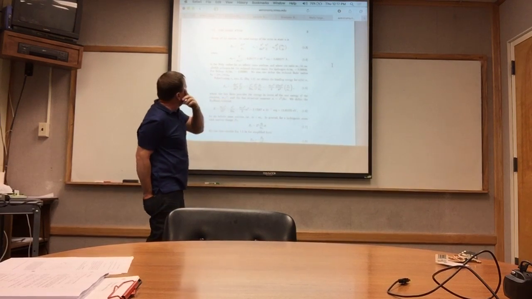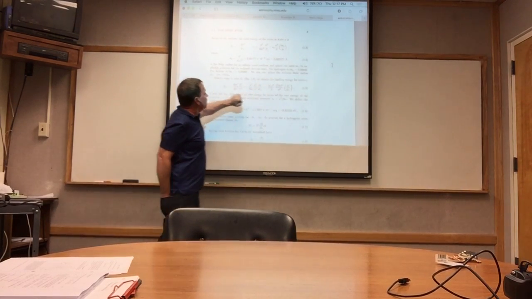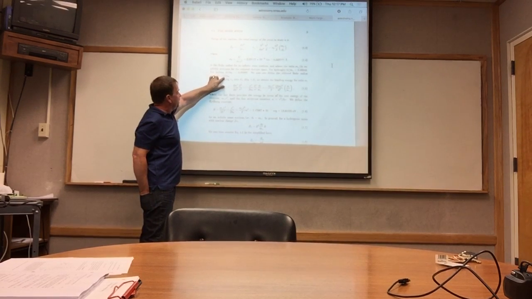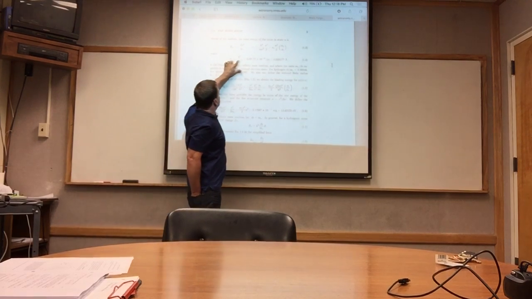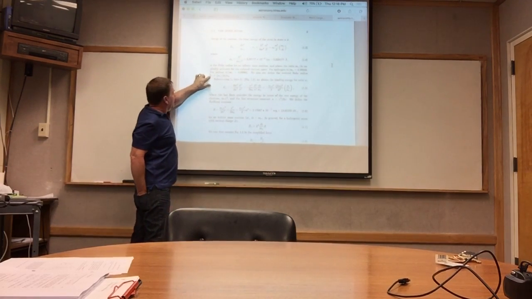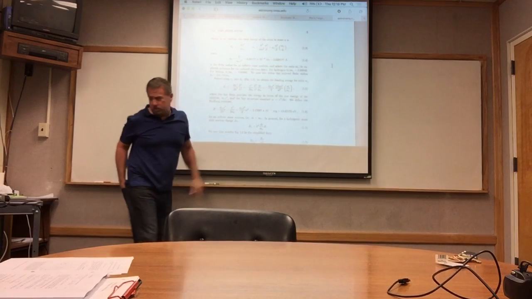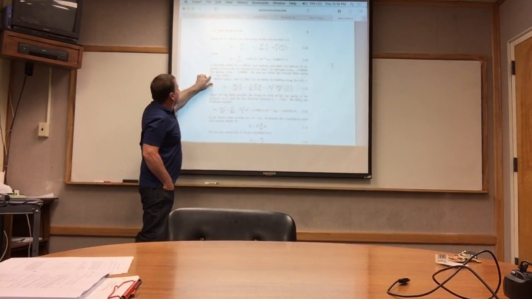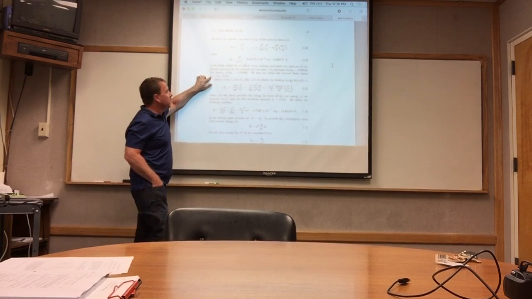So what a lot of people do is they define something called the reduced Bohr radius, which is the ratio of electron mass to the reduced mass times the infinite mass Bohr radius, which is given by this number here. Yes, there's a hat over it for reduced Bohr radius.